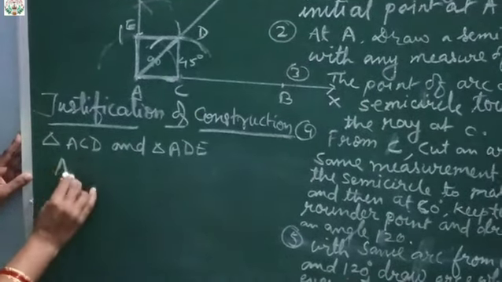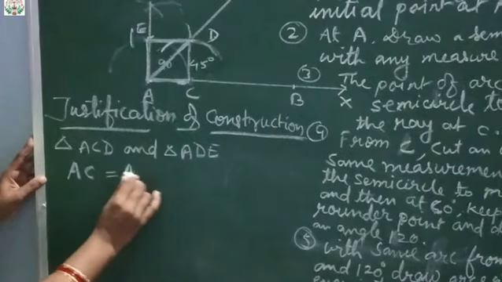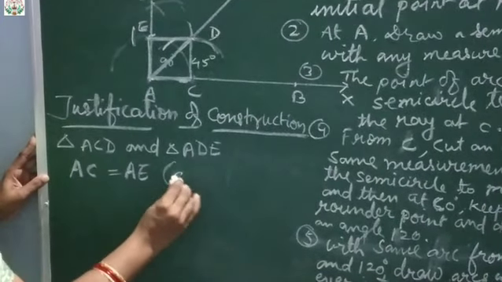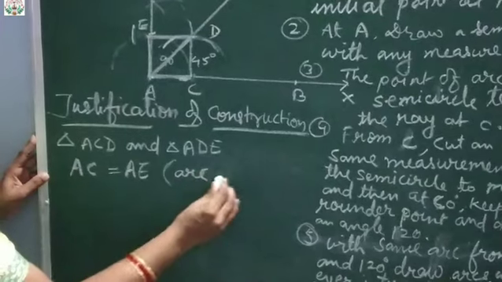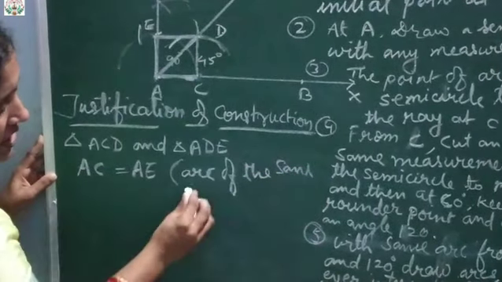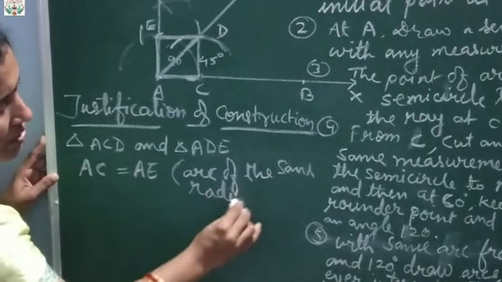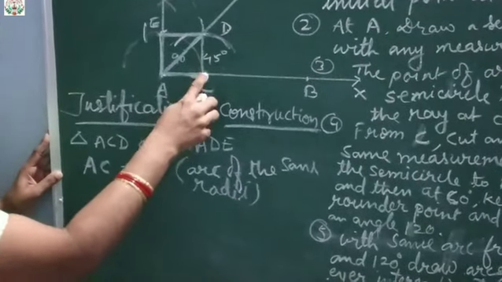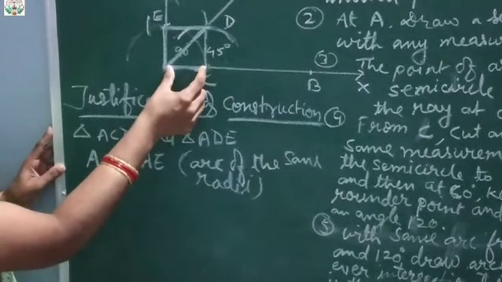You can write AC equals AE, because arcs of the same radii. Radii means radius, plural is radii. So this is also the radius measurement.